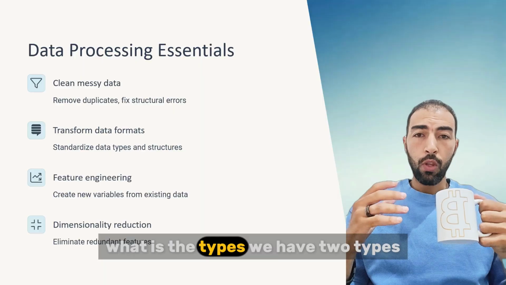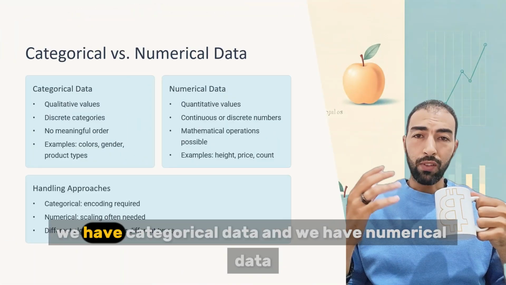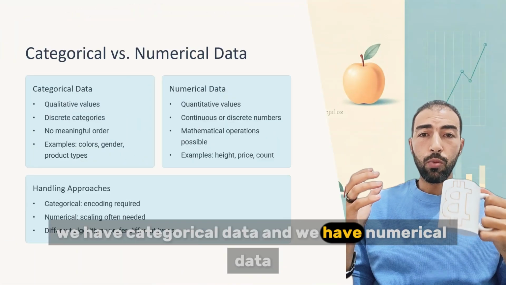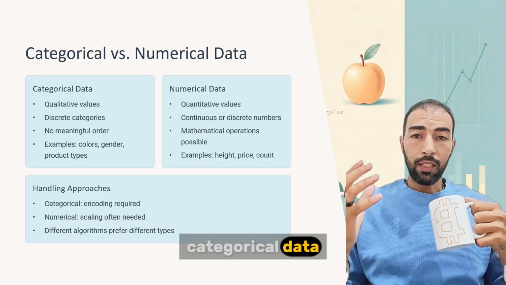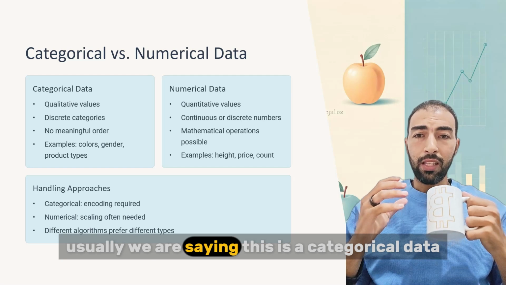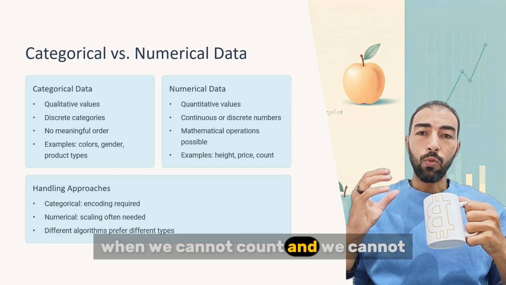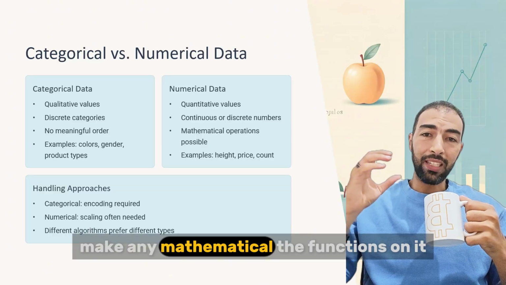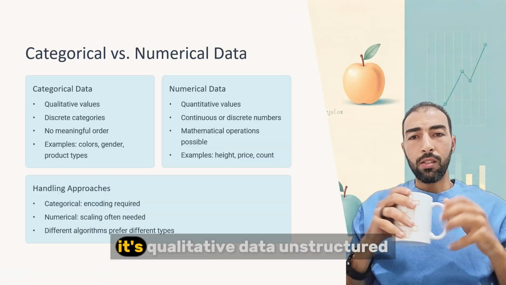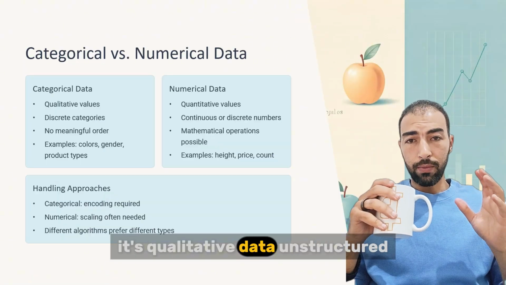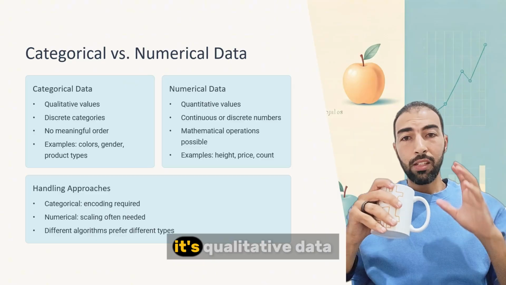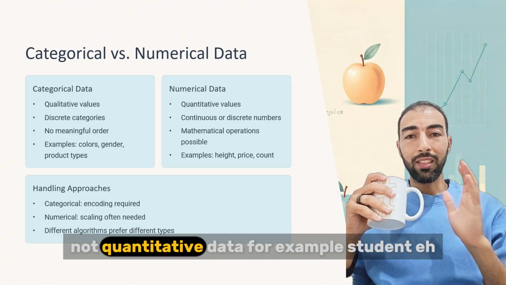What are the types? We have two types. We have categorical data and we have numerical data. Categorical data, usually we say this is categorical data when we cannot count and we cannot apply any mathematical functions on it. It's qualitative data, not quantitative data.